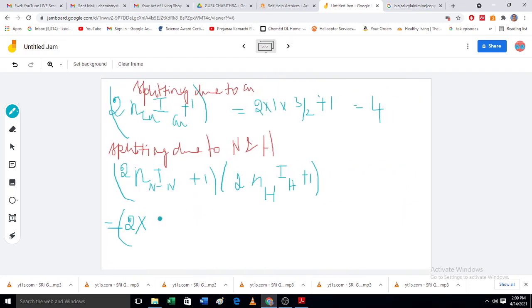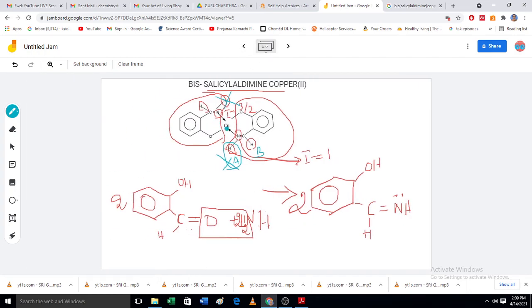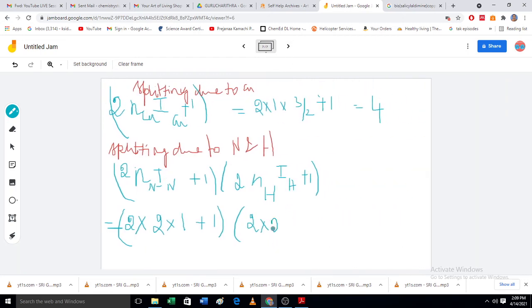So 2 into the spin of nitrogen, 1, plus 1, into 2 into number of hydrogens. Of the 4 hydrogens, only 2 are involved. Hb is only involved. So I am going to write it as 2 into half plus 1. So it will be 5 into 3. Both are getting cancelled. So I will be getting 15 lines.